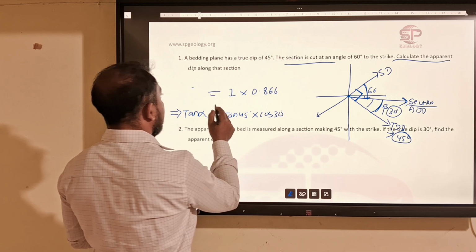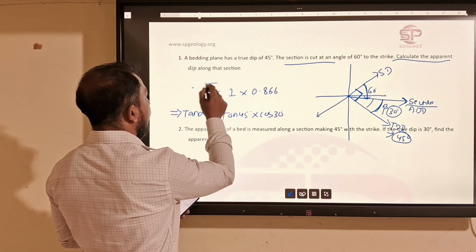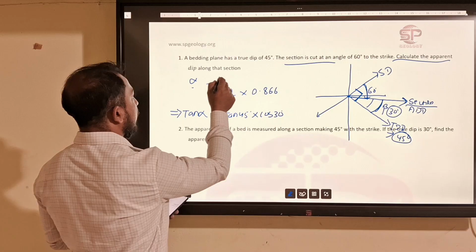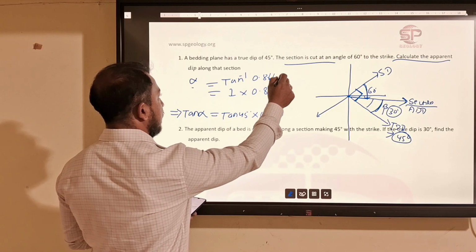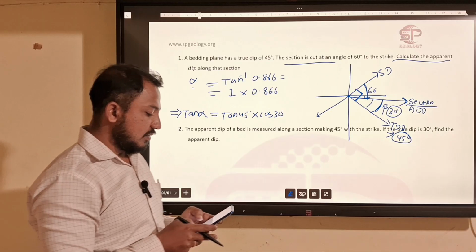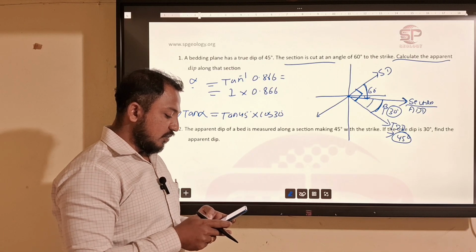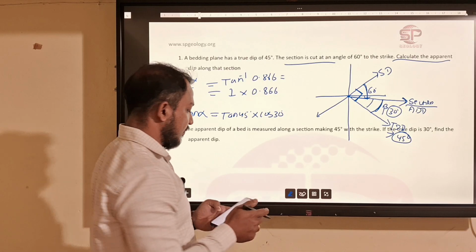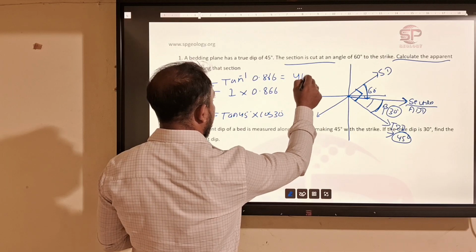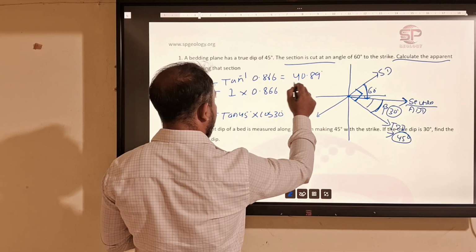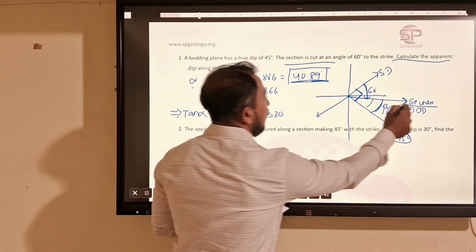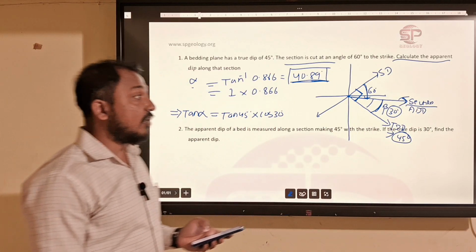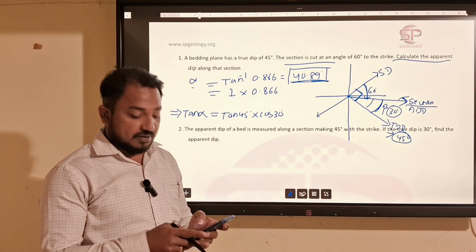So alpha will be tan inverse 0.866, which will be 40.89 degrees. So the dip along this section will be 40.89 degrees.